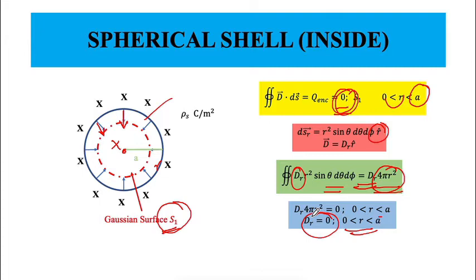The radial component of D, which is the only component of D, would be equal to 0. We also know that if the material is made up of some homogeneous material, or it is just free space or air, then the material will be described by a constant epsilon naught, the permittivity of the medium, which relates Dr and Er, the radial component of the electric field. If Dr is equal to 0, and epsilon naught is not 0, which simply means Er will also be equal to 0.